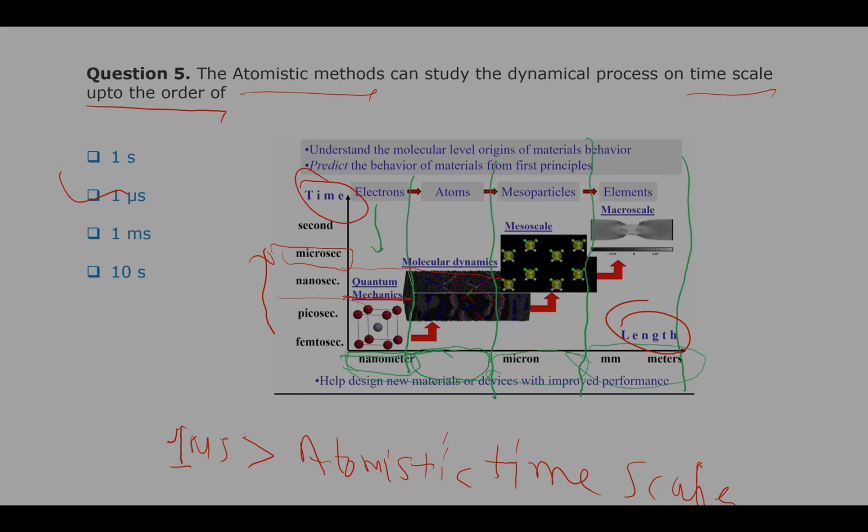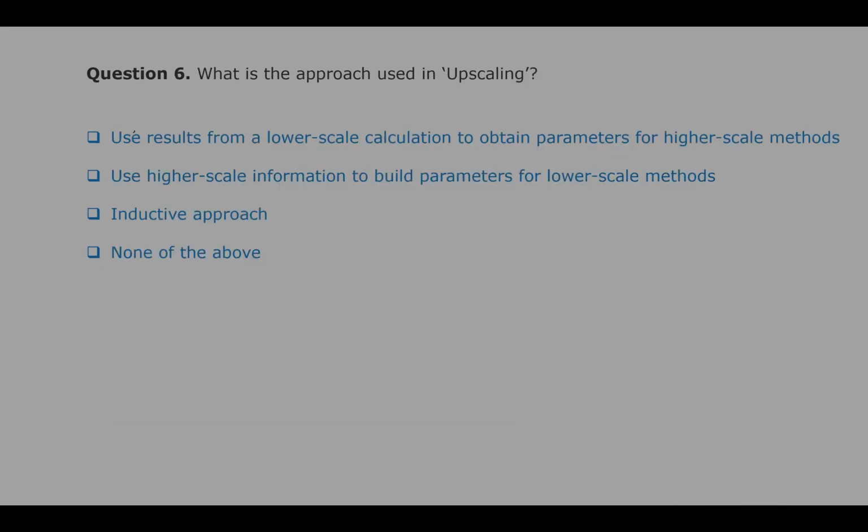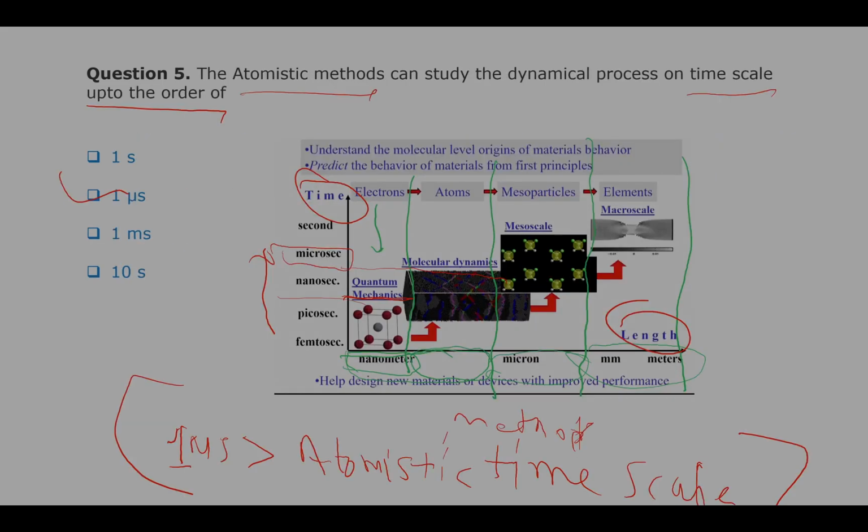Okay, their methods will come. Now, after that, this is coming around 1 micron.